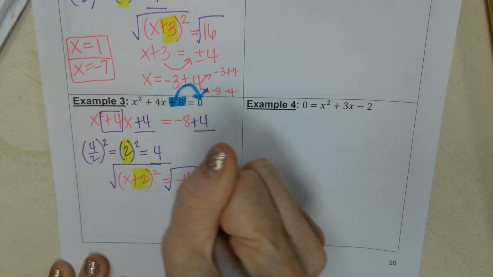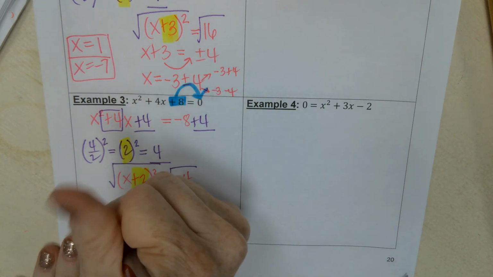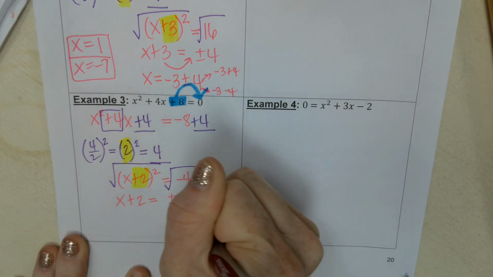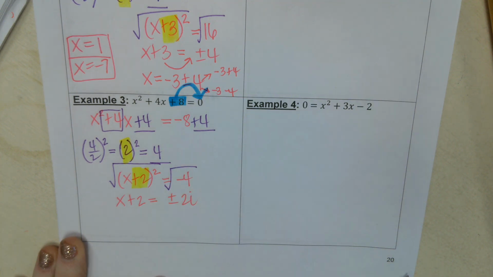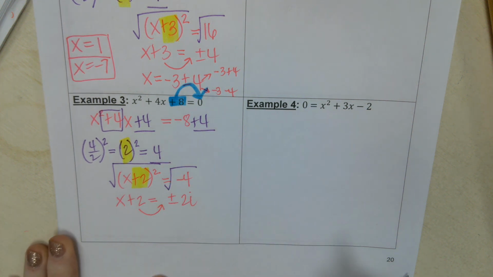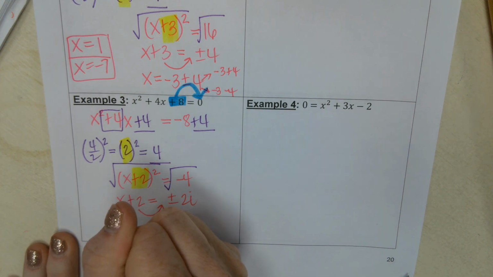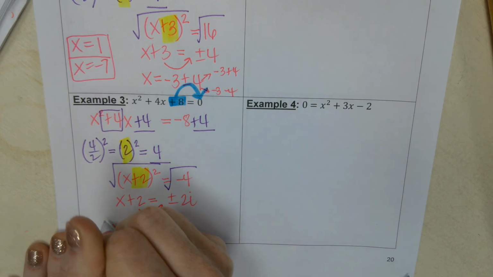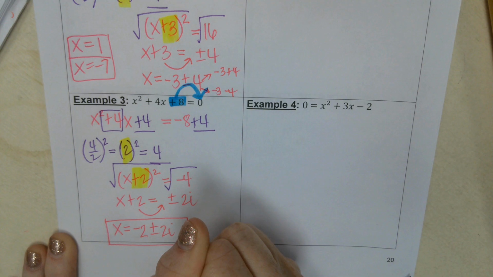So I'm going to take the square root of both sides. I get x plus 2 equals plus or minus 2i. And then I'm going to subtract 2 from both sides. I got -2 plus or minus 2i.